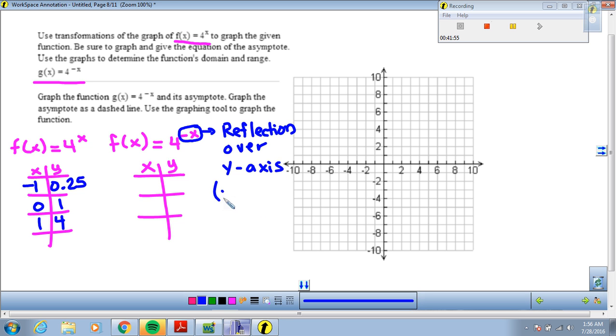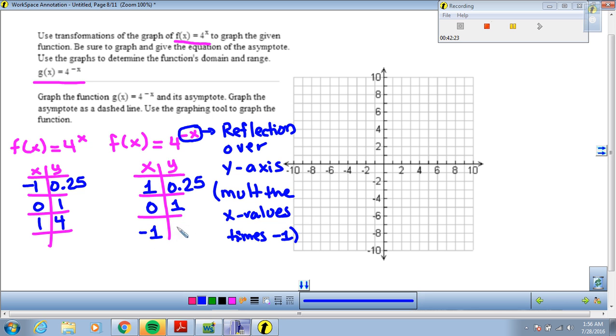That means that you're going to multiply the x values times negative 1. So negative 1 times negative 1 is positive 1. 0 times negative 1 is still 0, and 1 times negative 1 is negative 1. The y values stay the same. You can go back to the section where we learned about transformations, and you'll see that's the definition of when you have a negative sign in front of a single x. It's just we're using a different function, but it's the same thing.